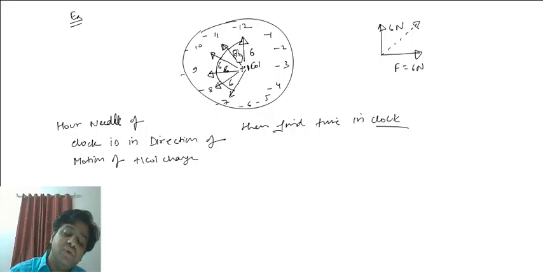The total angle is 150 degrees, so the resultant force will be at an angle of 75 degrees from 7 or from 12. If I measure 75 degrees from 12, I move 30, 30 and just 15. So the resultant force will be exactly in between 9 and 10. When the hour needle is between 9 and 10, the time in the clock will be simply 9:30. So that's the answer of our problem.